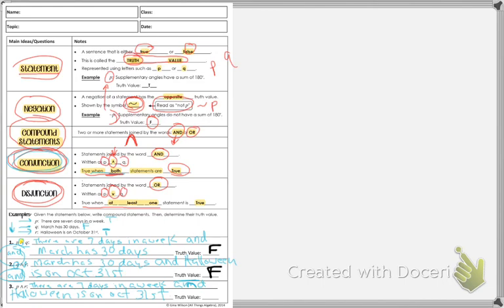Both of those, P and Q, P and R, both are true, so my truth value for this compound has to be true.